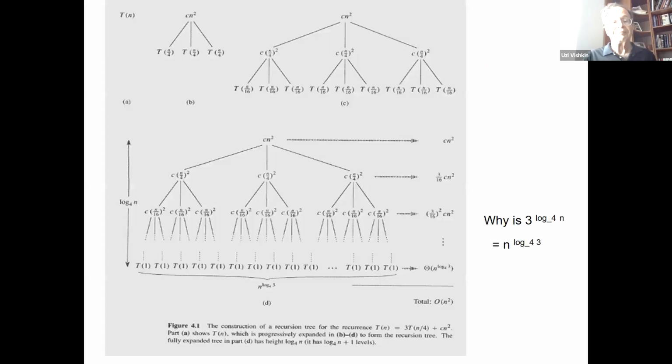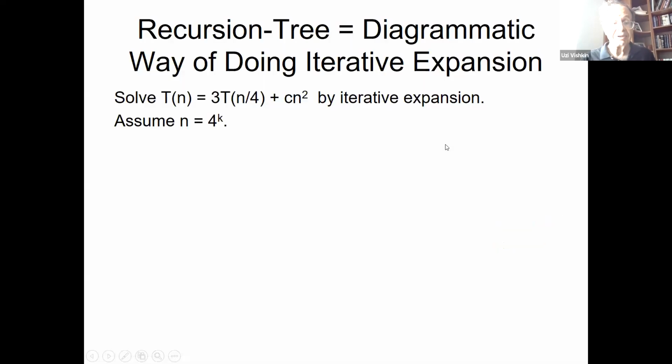and its solution. And where do we see it? We saw it in this figure that we visited at length in the last class, where what we observed is that when we expand the recursion, we get first a 3-fold expansion, then a 9-fold expansion. And when I put on the side all the things that are left, first we have a c of n square, because this c of n square is coming from the top.